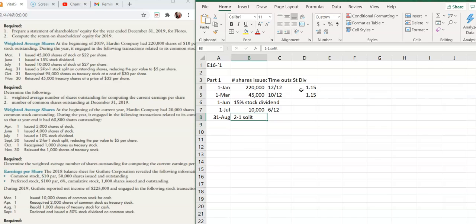That is also retroactive, so I'm going to have my stock split. That's going to double, that's going to double, and that's going to double.